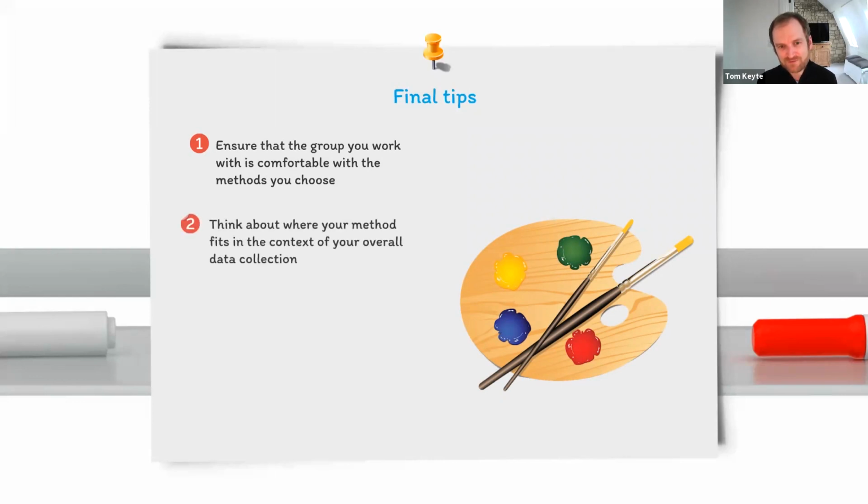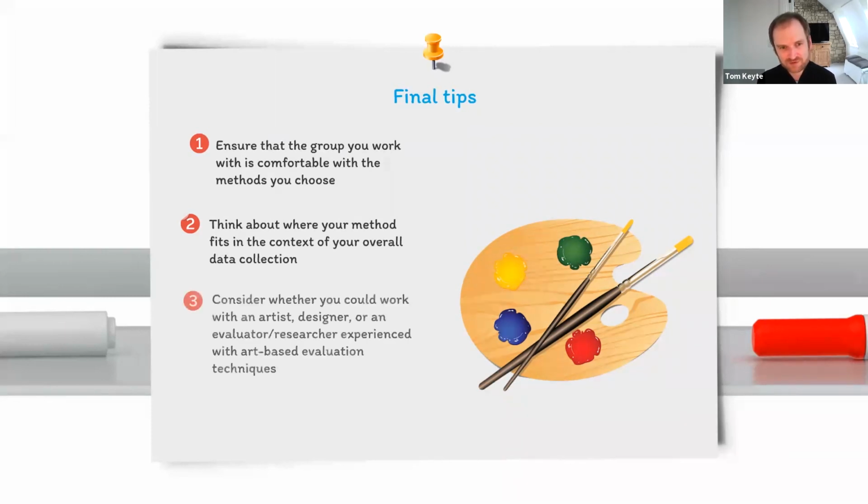Thinking about where your method fits in the context of your overall data collection is really important. Where does it fit alongside the collection of more quantitative data and more traditional methods like surveys and focus groups? You could also consider whether to work with an artist or a designer or an evaluator or researcher that has a lot of experience in this area.